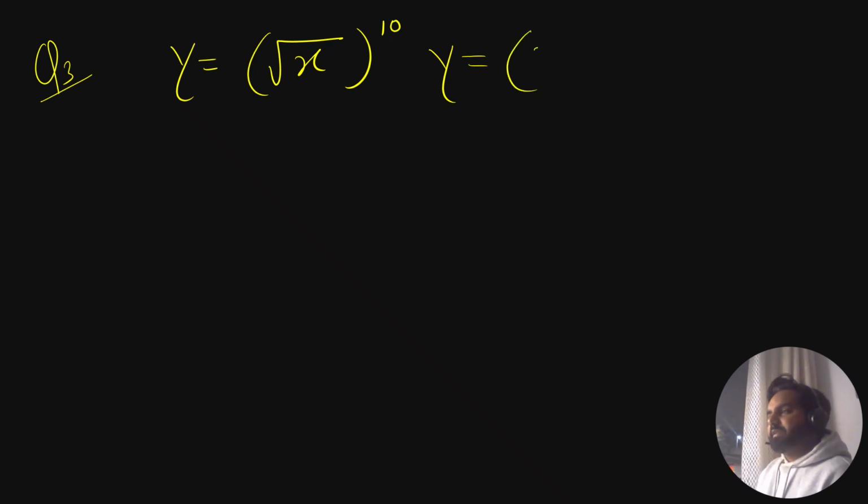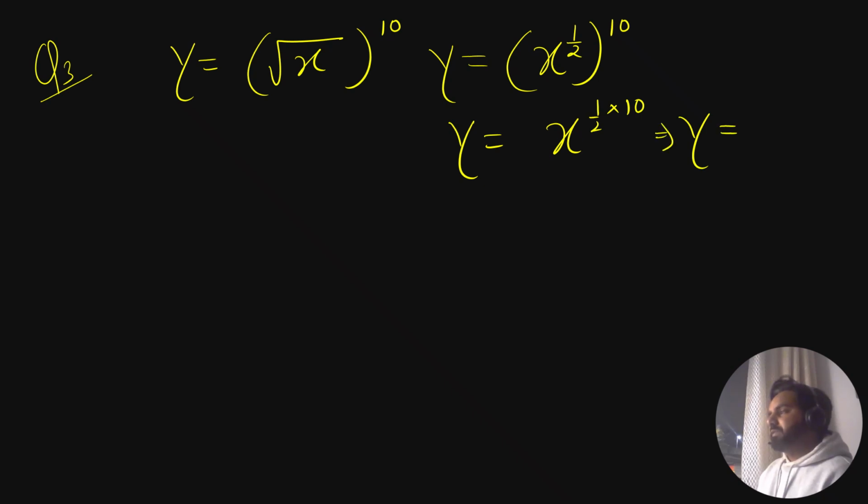So it can be written as x to the power half, to the power 10. If you use indices, this will become x to the power half times 10, because a power raised to a power always gets multiplied. So this will become y is equal to x to the power 5.